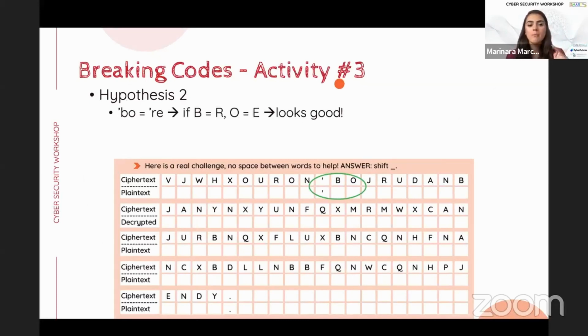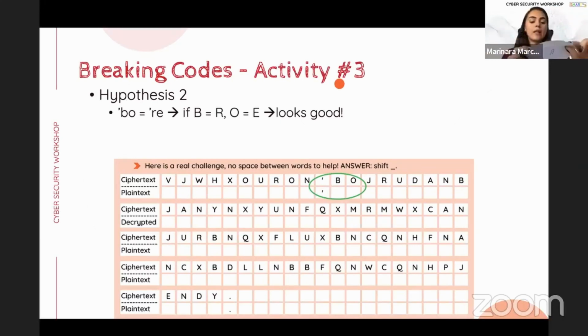What about apostrophe BO is apostrophe RE? Would that work? If I align B with R, I have them here together, my B and the R. Let's have a look at E. We're looking for O. O down here would be E. You can work out the same thing there.